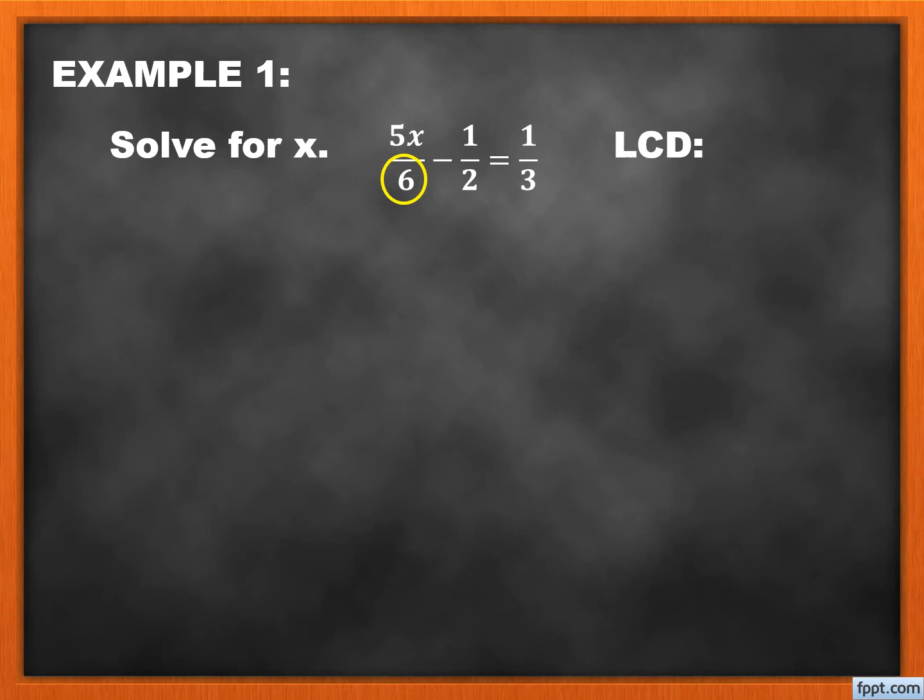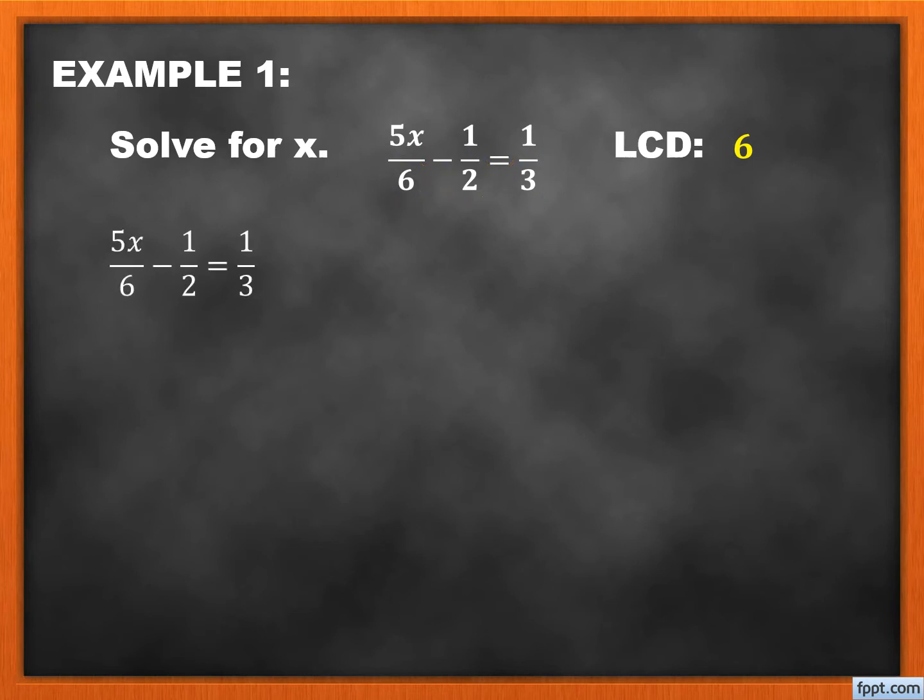Since the denominators are 6, 2, and 3, we're going to find a number that can be divided by 6, 2, and 3. And that number is 6. 6 can be divided by 6, 6 can be divided by 2, and 6 can be divided by 3. Therefore, our LCD is 6.